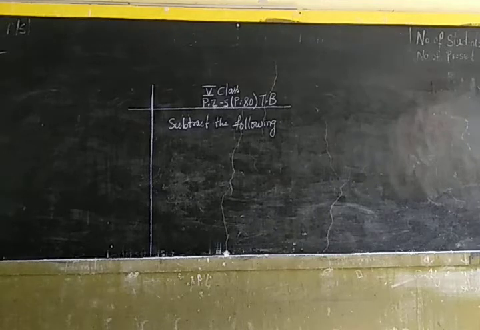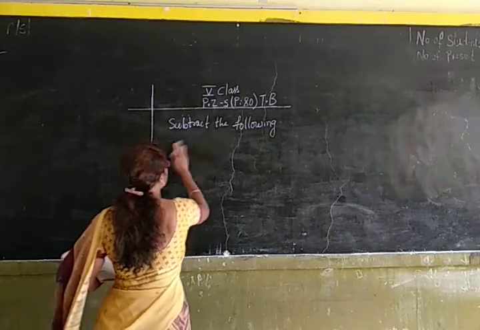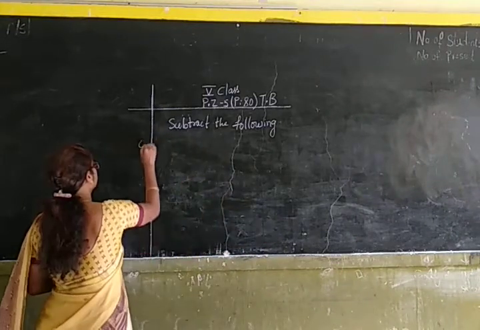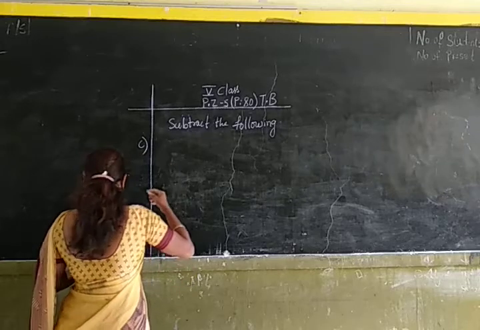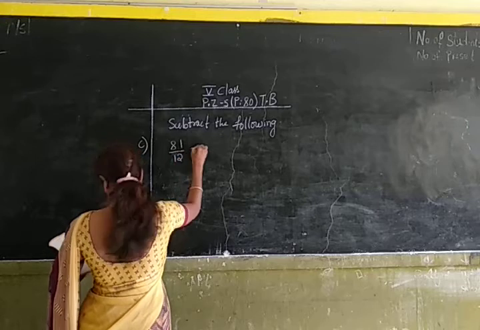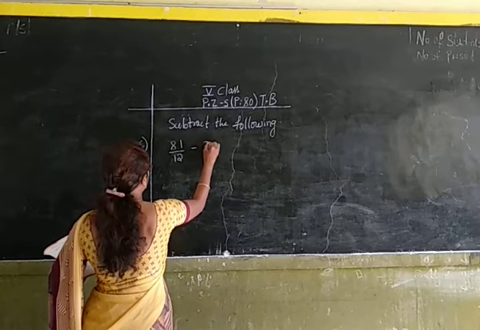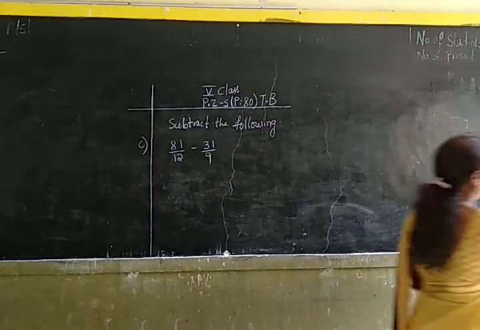Now let us do the C sum. 81 by 12 minus 31 by 9.